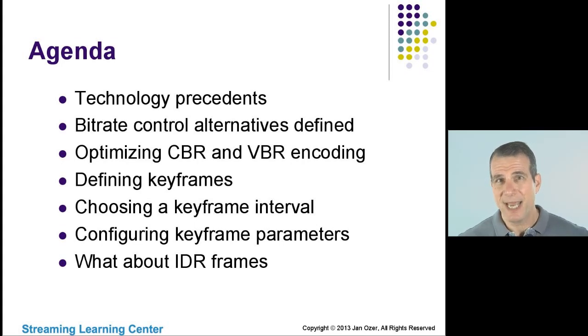And then we'll talk about how to optimize the encoding parameters for each in typical encoding programs that you'll be using to produce these kind of files. Then we'll look at keyframes. We'll talk about what a keyframe is, how to choose a keyframe interval, how to configure other keyframe parameters for both single file and adaptive streaming. And then we'll spend just a minute or two on IDR frames so you understand the difference between an IDR and a keyframe, and also how to set those parameters in your encoding program.